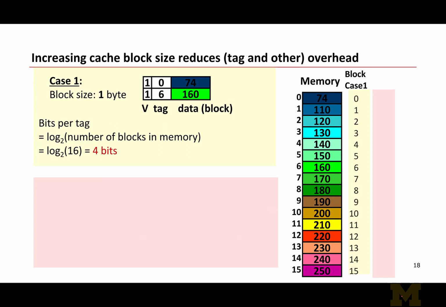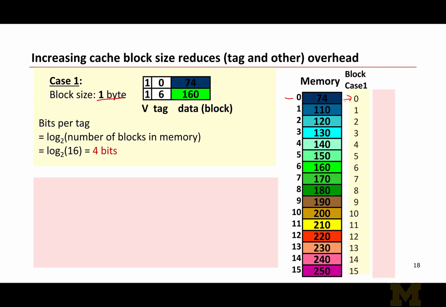Okay, so here is a better representation of the picture that I just showed you. We started off with the assumption that each block is of size 1 byte. And so we had a very straightforward case where the address was the same as the tag.